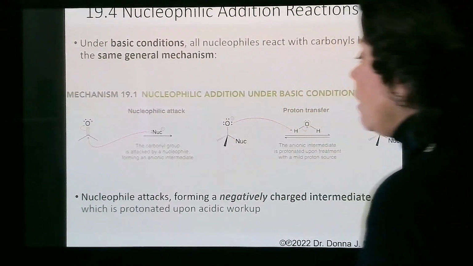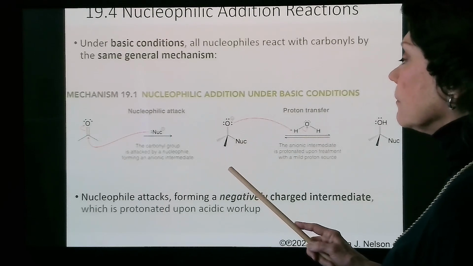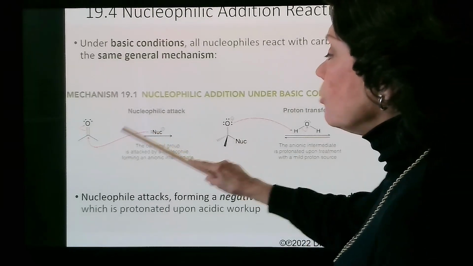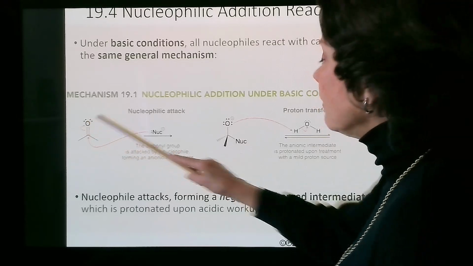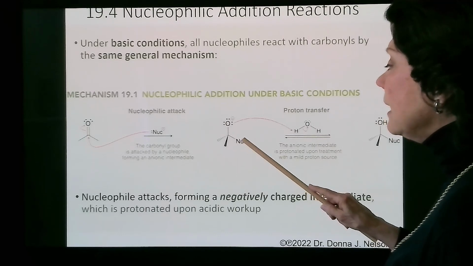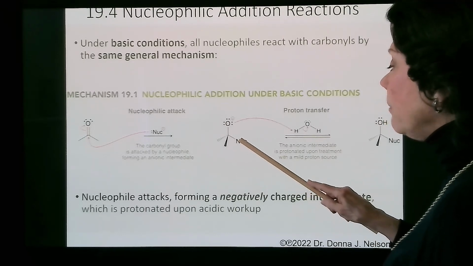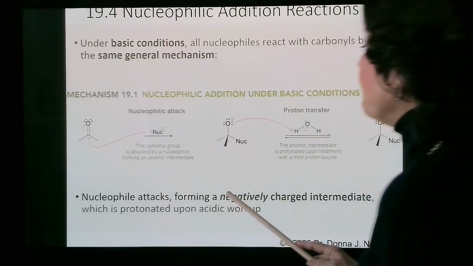So you have a nucleophilic attack. A pair of electrons attacks at the carbonyl carbon. The pi electrons move out onto oxygen, generating a negative charge on oxygen. And so you have formed a carbon bond to the nucleophile, whatever it is.